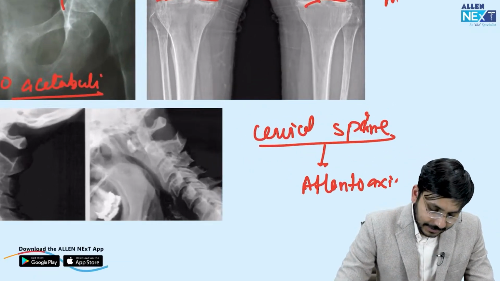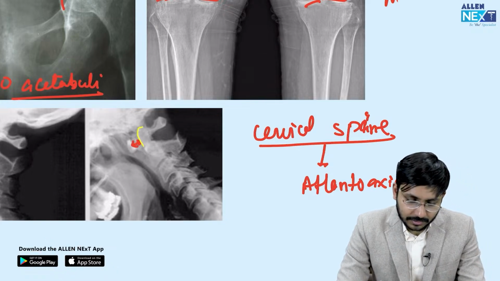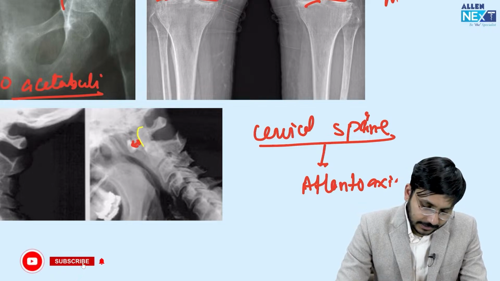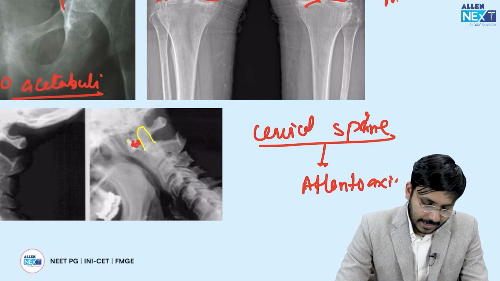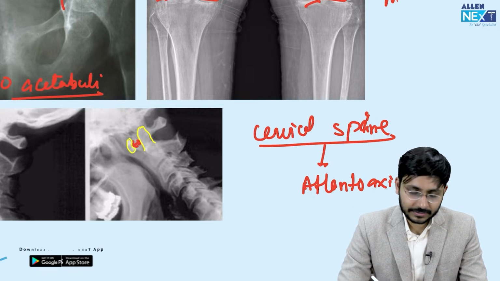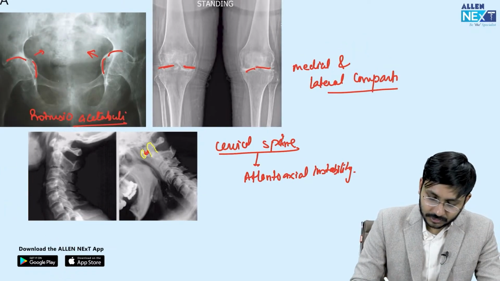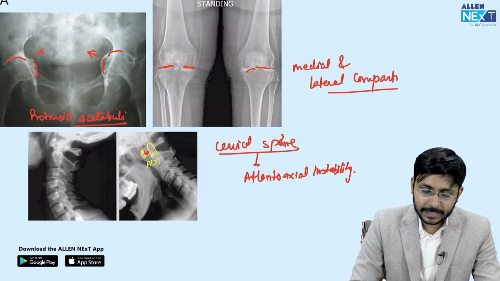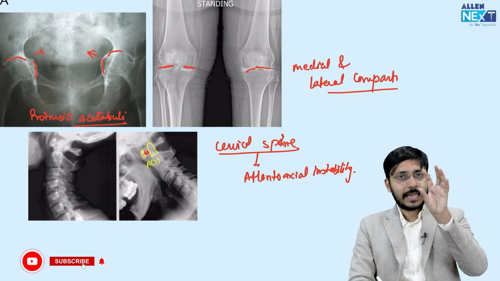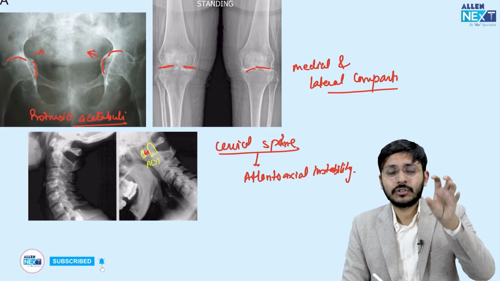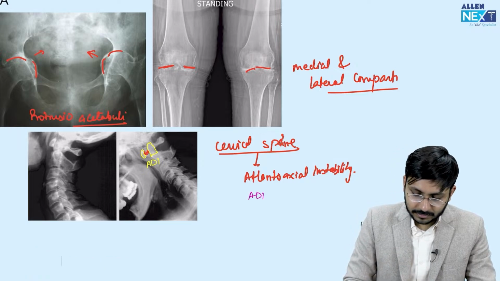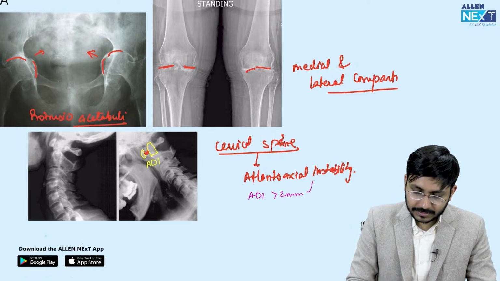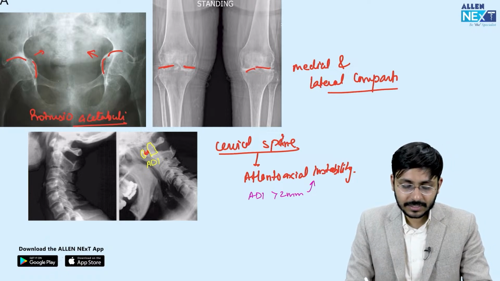We see the distance between the dens of the axis and the anterior arch of atlas. This distance is known as the atlantodental interval. If the ADI is more than 2 mm, that is suggestive of atlantoaxial instability.